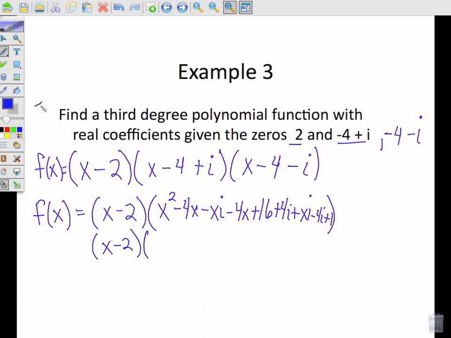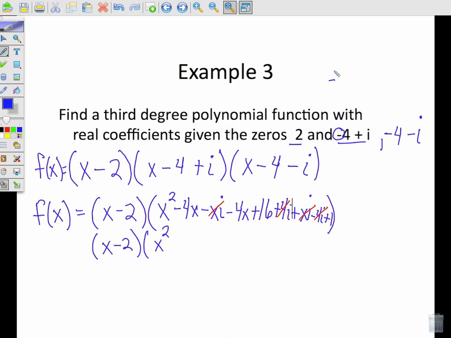All right, I'm going to go ahead and add all my like terms together. Let's look to see what I can cancel. We can cancel our xi. We can cancel our 4i. It looks like that's it. So I've got x squared, minus 4x and a minus 4x.